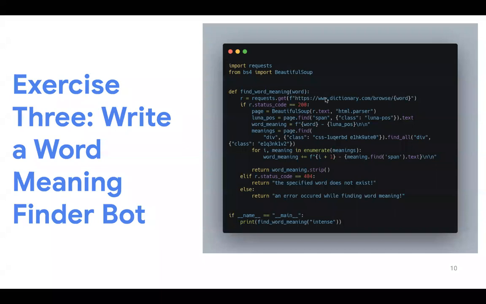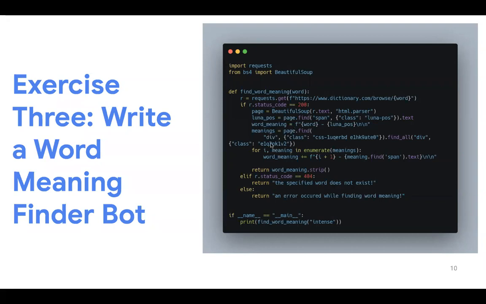What it does is it takes in a parameter, which is word, and makes a request to dictionary.com for that particular word. If the request was successful, it does all this. Now, what I mean by all this is that it uses the Beautiful Soup library to parse the HTML of our response, and then it does some web scraping in the given HTML response, tells us the part of speech and the meaning of the word.